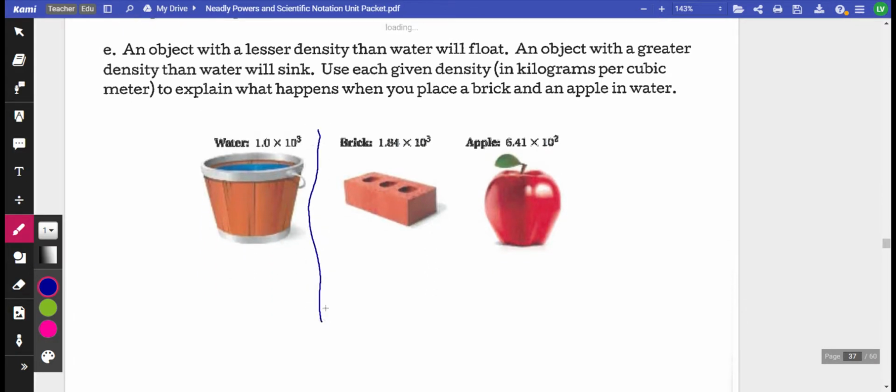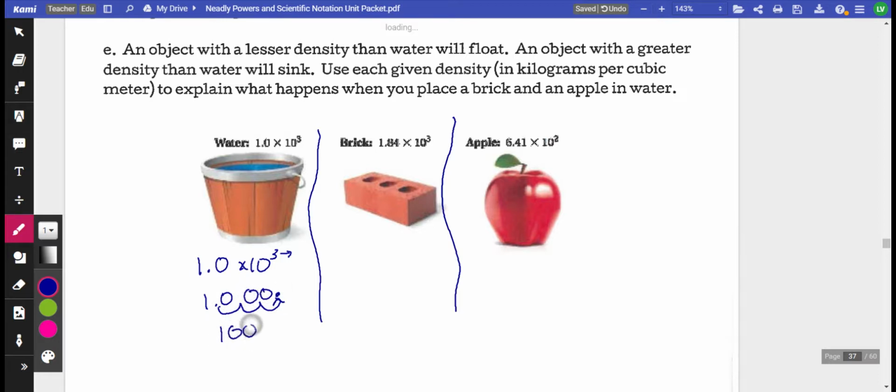So what I'm going to do is find all of the densities in standard form. So 1 and 0 tenths times 10 to the third power. Positive exponent of 3 tells me I move to the right 3. So decimal 1, 2, 3. Put my new decimal to the right. So that's going to be 1,000.